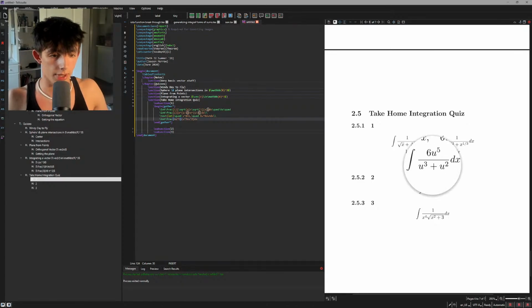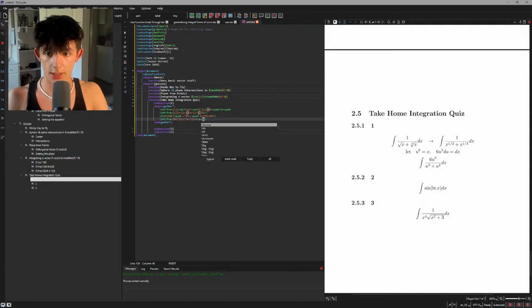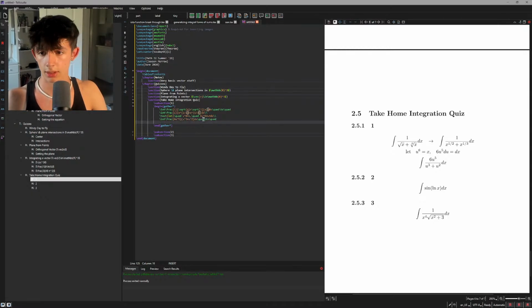Now we can simplify this already. Let's do space, arrow, space, and then copy this over. We can have 6. We can move that out in front, and then take 2 powers off of all the u's. So the 5 on the top becomes 3.